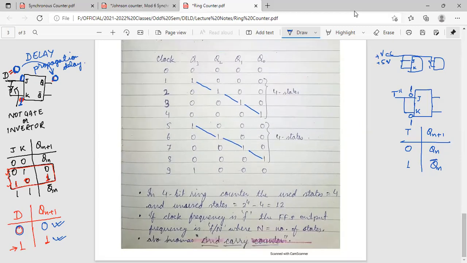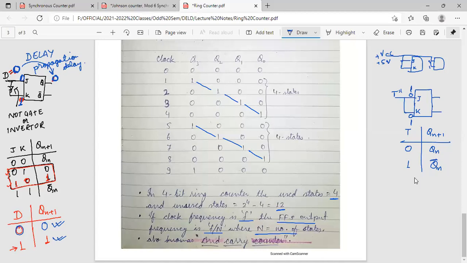So in a 4-bit ring counter, the used states are 4. So unused states are 2 to the power 4 minus 4, that is 12. If the clock frequency is F, the flip-flop output frequency is F by N, where N is the number of states.